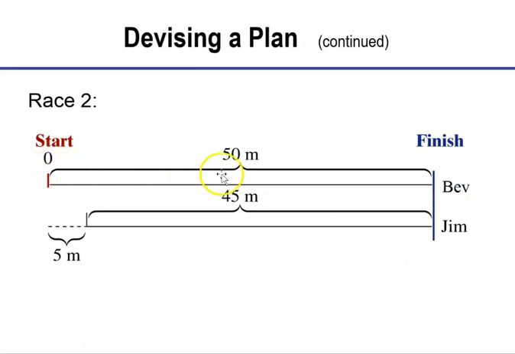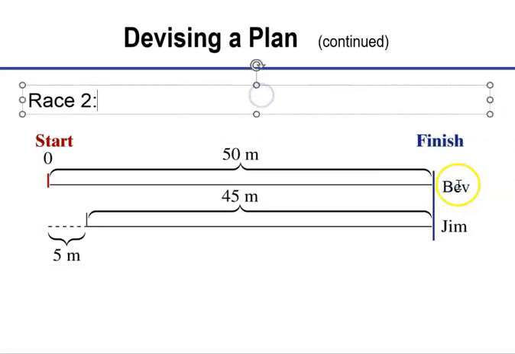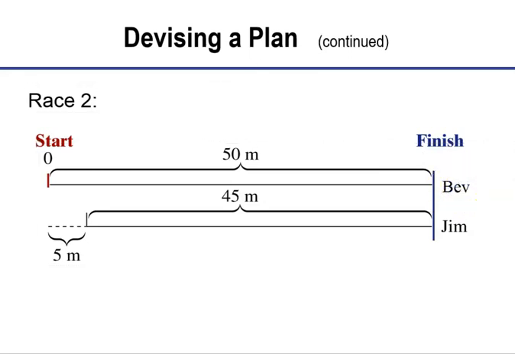So Bev runs the whole race again. Jim runs 45 meters in the same amount of time Bev runs 50 meters. But he got a 5-meter head start, which means they finish at exactly the same time. Come on now. There's Bev, there's Jim, exactly the same time. It's a tie.